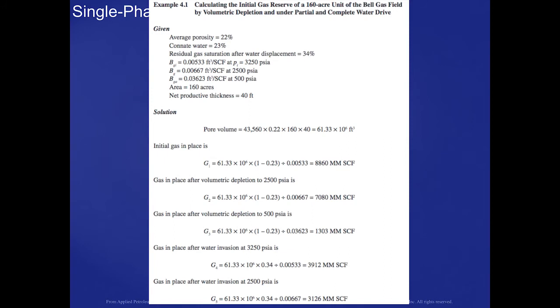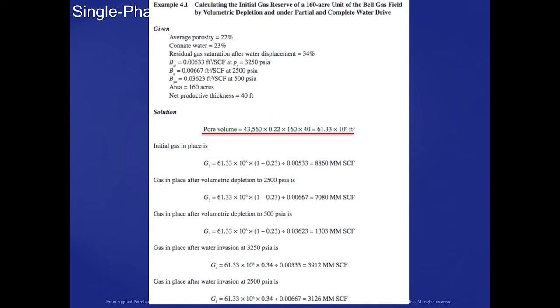In this slide, the average porosity, the connate water, the residual gas saturation after water displacement, formation volume factors for the gas phase, the areal extent, and the net productive thickness of the reservoir are given as initial data.